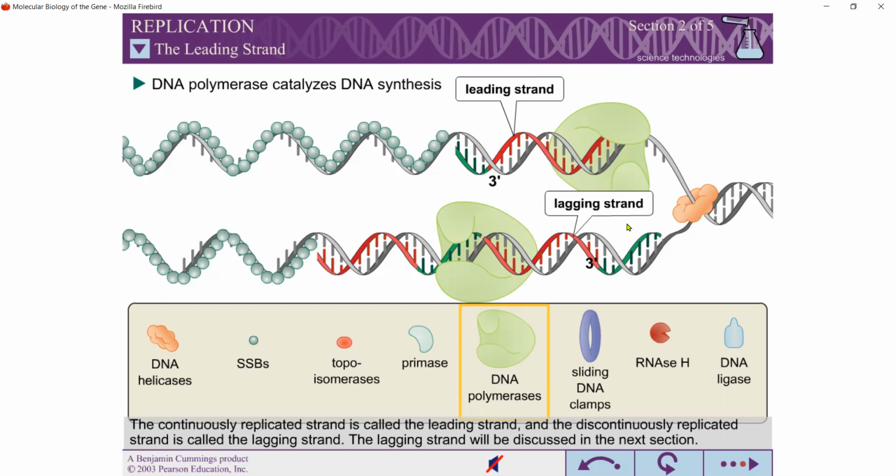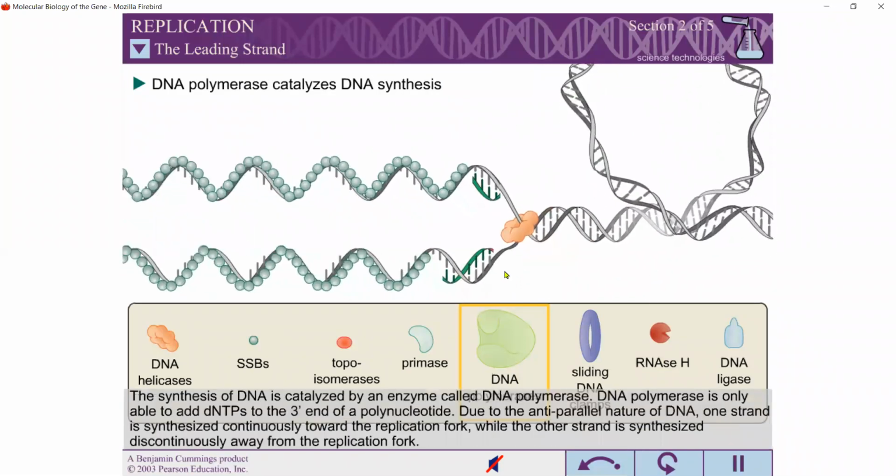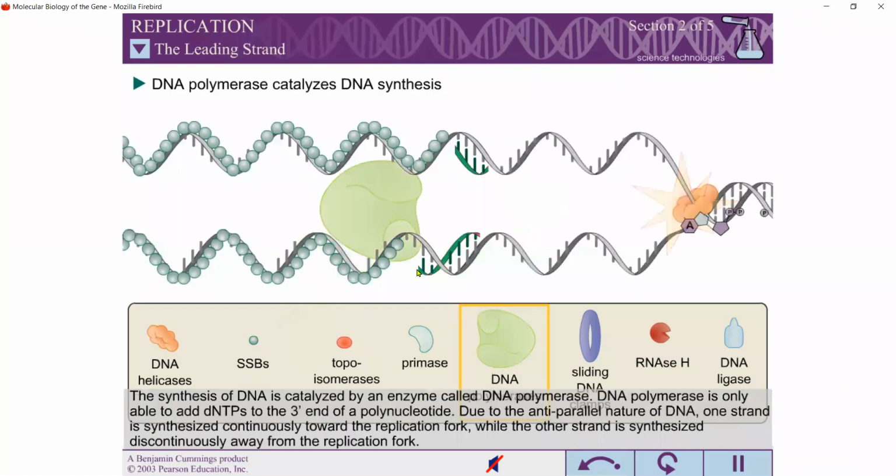But if I look on the other side, you should have by now realized the direction of the primer. So let's go over this once more. If you realize the direction of the primer, this is the 3' end. Now the 3' end is facing exactly the opposite direction to that of the replication fork.